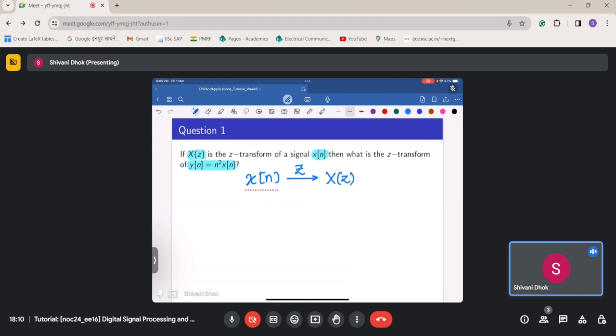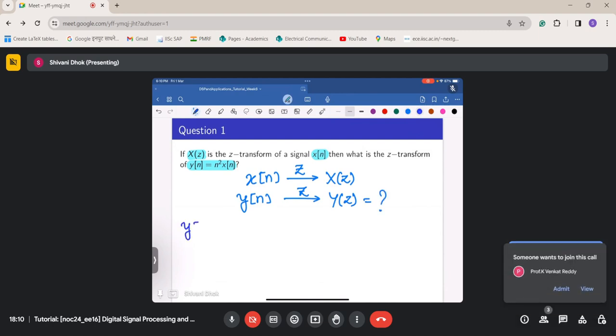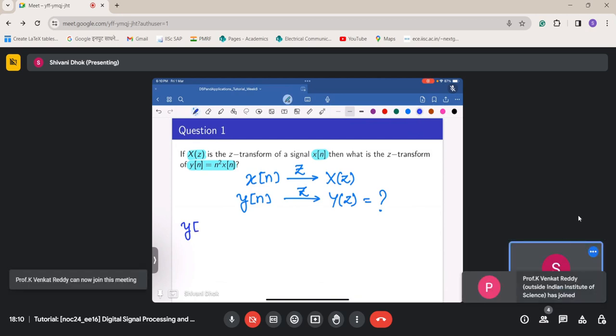We need to find the Z transform of y(n). Let's say this is Y(z), and we don't know what this is. And we know that this y(n) is n square x(n).